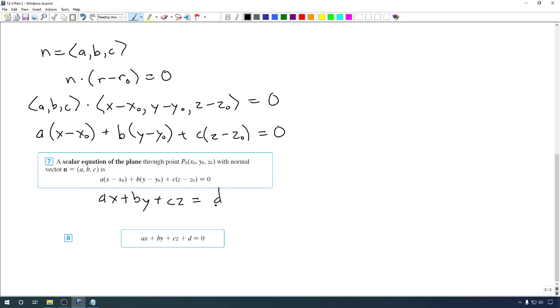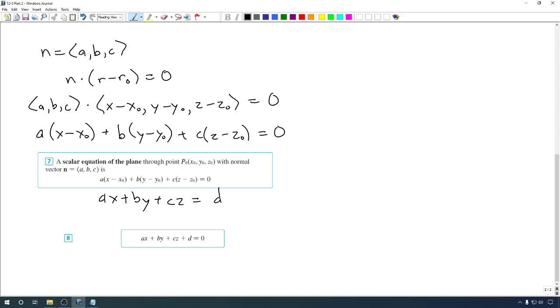The d here we get by just using our point that is on our plane, and we can basically get it by plugging the point into the ax plus by plus cz on this side. So normally I'm going to leave finding d out until after I've actually used my normal vector to get this left-hand side.